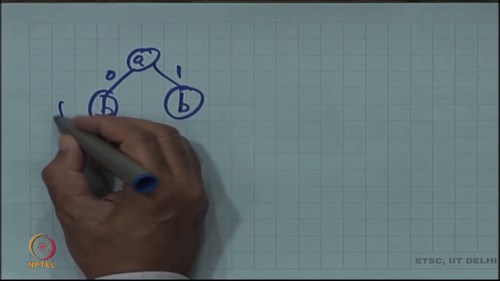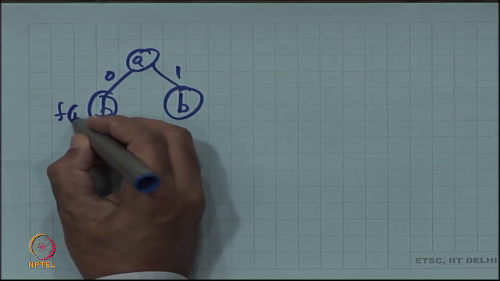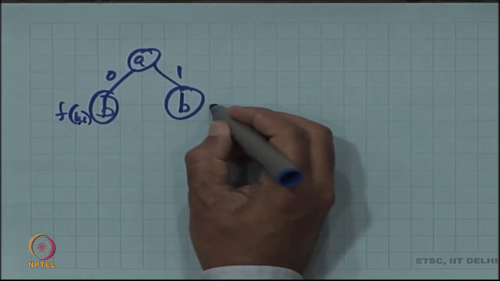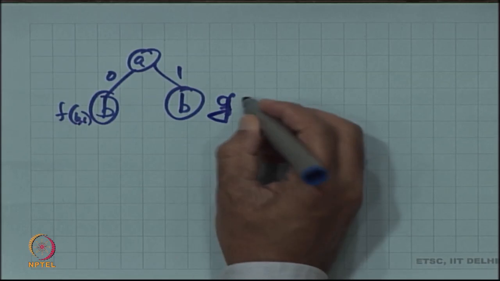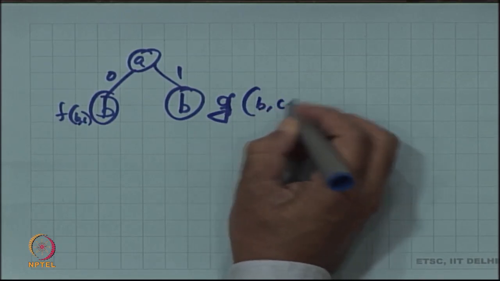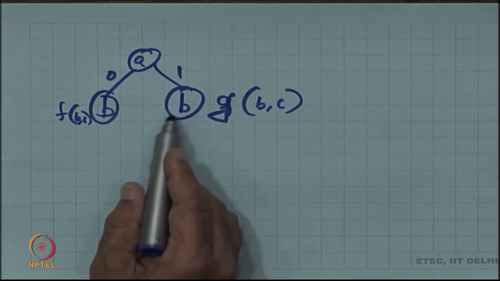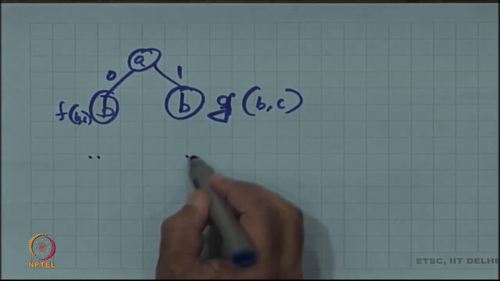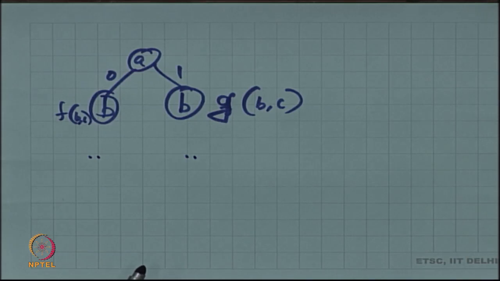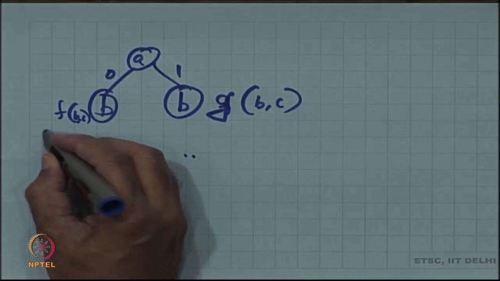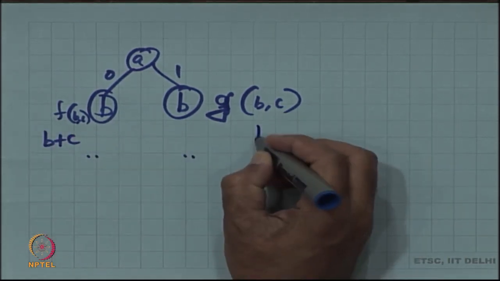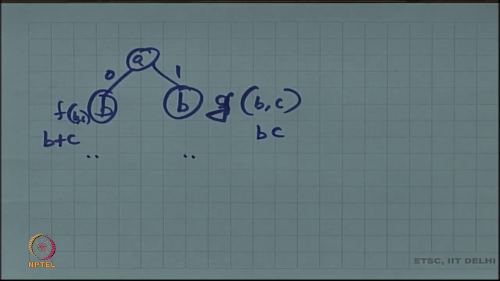This function is different. Let us say this is a function of B and C. This function is some other function of B and C. They would both look like this at that level. They would be different at the lower levels, but if you have, let us say, B plus C here and B C here, both of them will have B at the root.